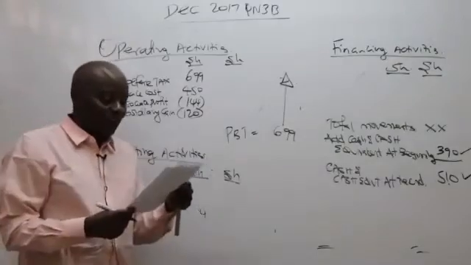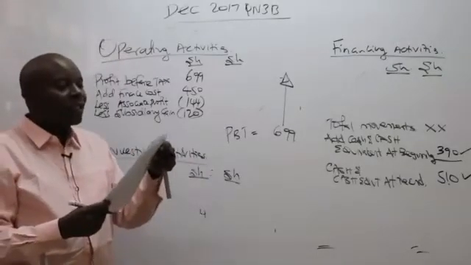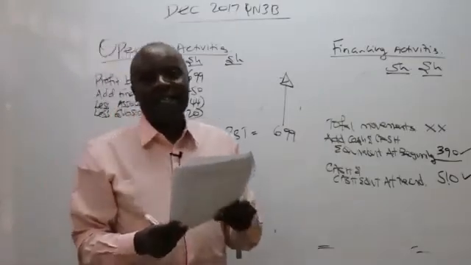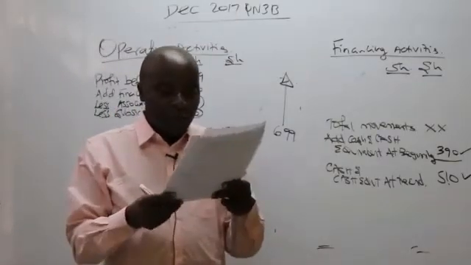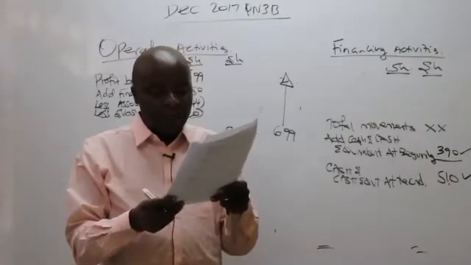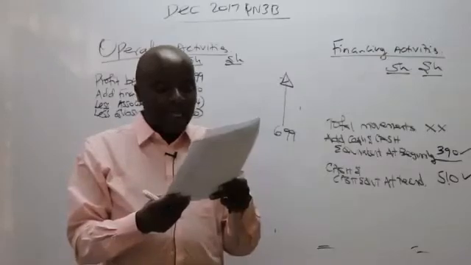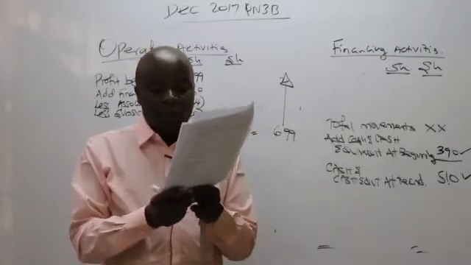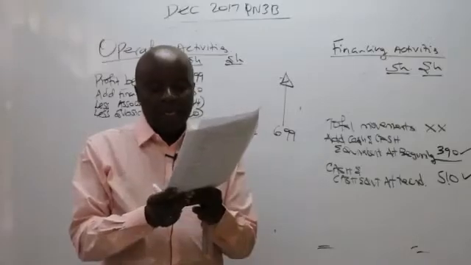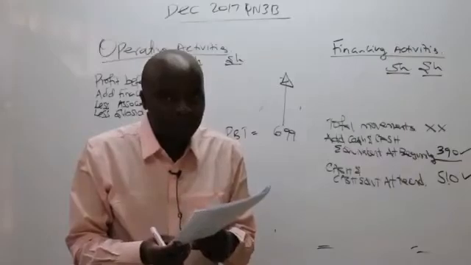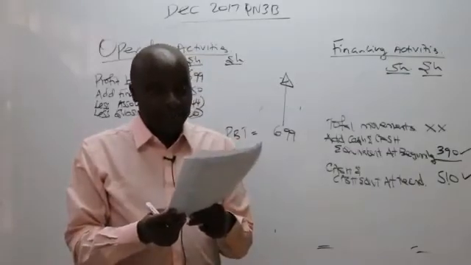Great. So tunaendelea vizuri. Ukiangalia pia vizuri katika cost of sales, of course, kutakuwa na depreciation. Ukiangalia note number 1, wanakuambia during the year ended 31st October 2017, depreciation of shillings 240 million was charged in relation to property, plant and equipment.